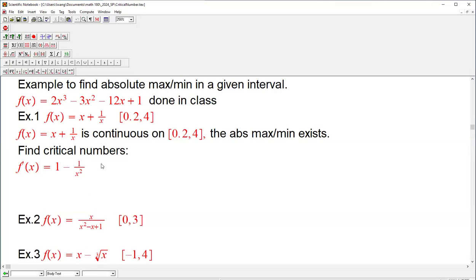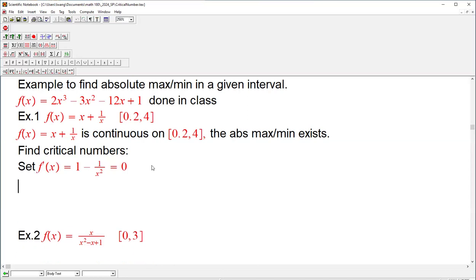We set the derivative equal to 0, and we get this equation. We're going to solve it for x, so adding 1 over x squared on both sides, 1 equals 1 over x squared.